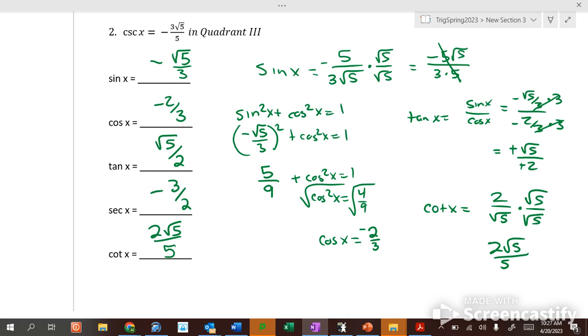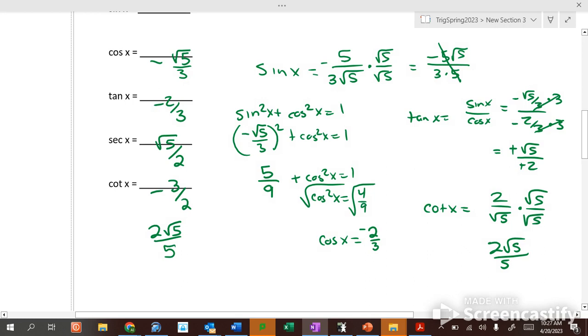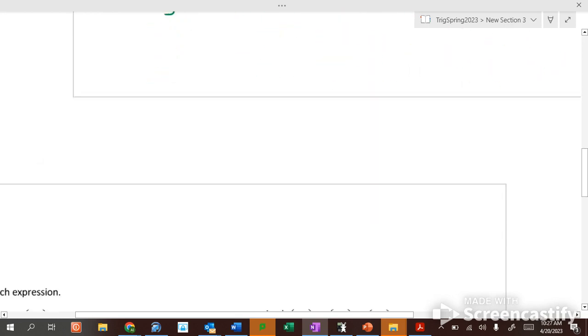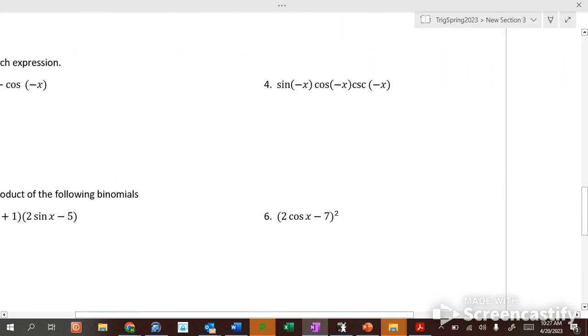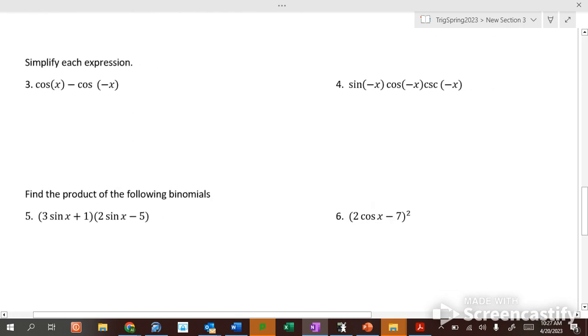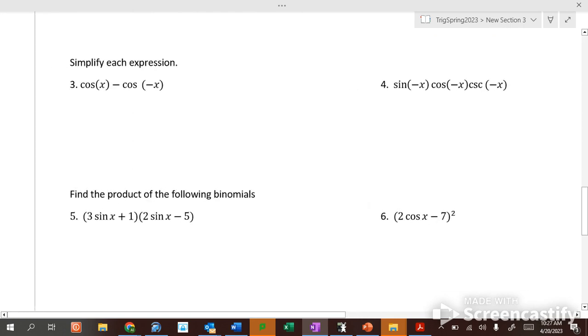All right, now to a little easier stuff. What's the cosine of negative x equal to? Cosine of x.